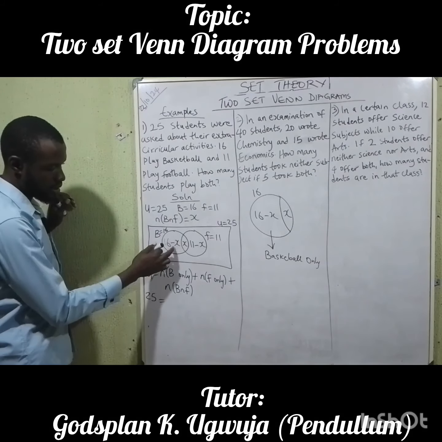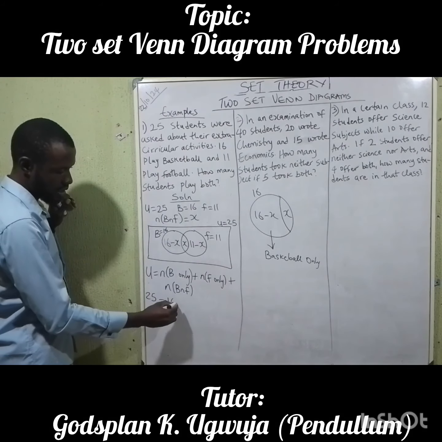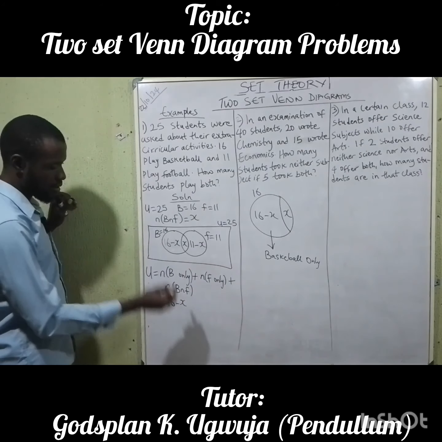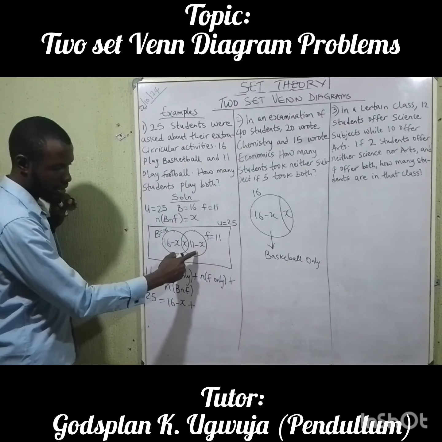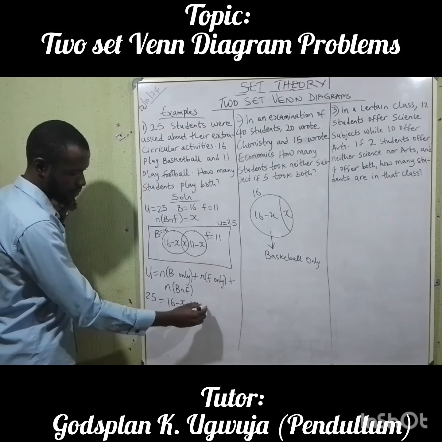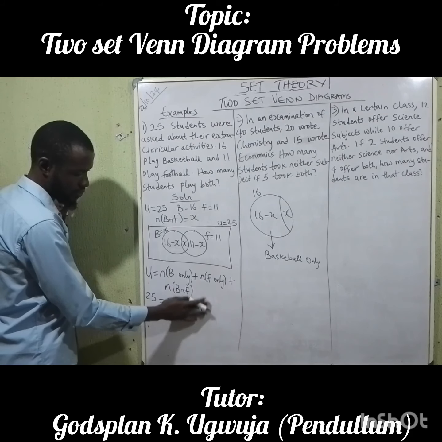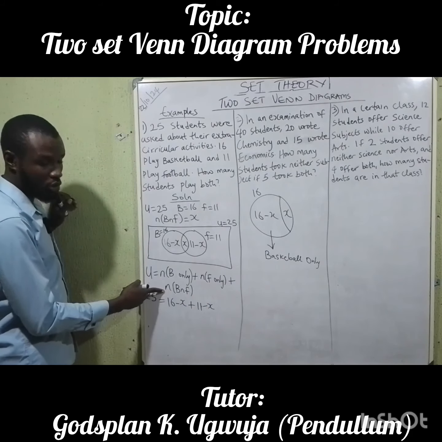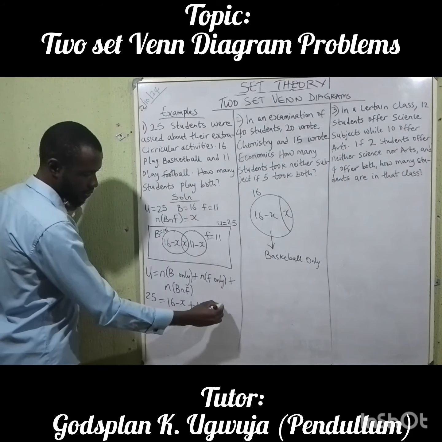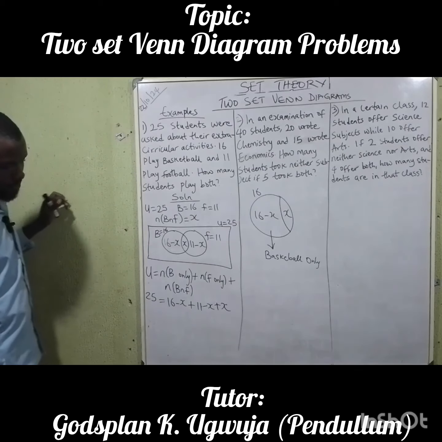Now basketball only is 16 minus x. Football only is 11 minus x. Then the intersection which we don't know is x. Okay.